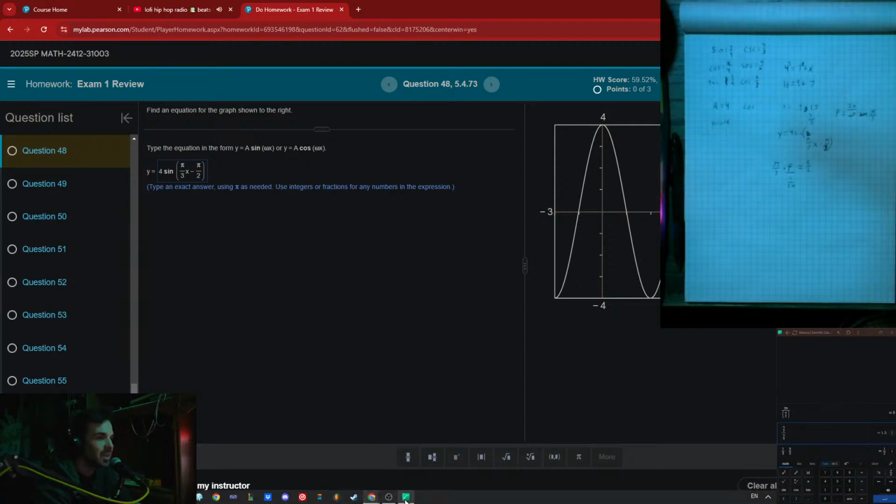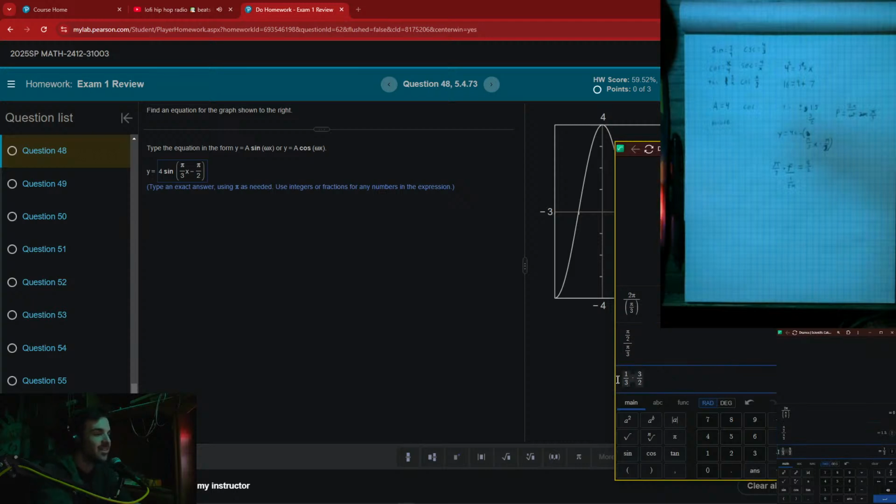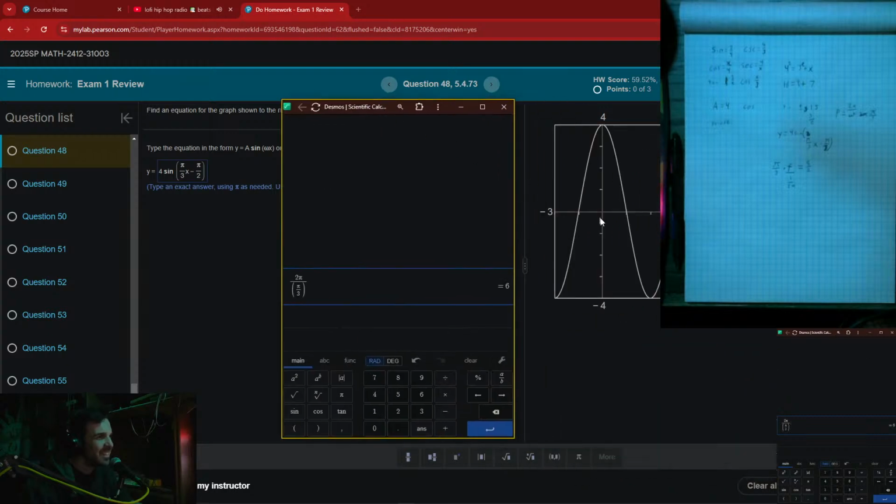Just for fun, I'm going to double check it before I hit enter, because I want to be right so bad. Okay, so this is the period, right? 6 is the period, right? 3, 6. That's the period. Yeah, that's fine.